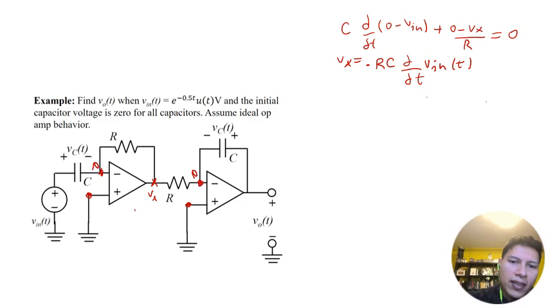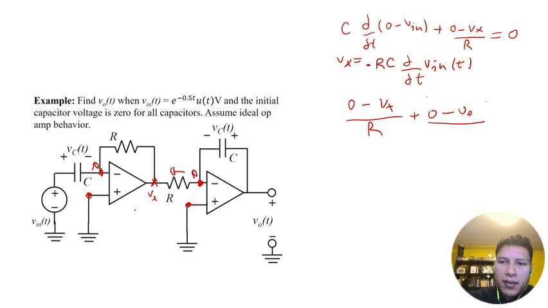We could also do KCL here, and we're going to get (0 minus Vx) divided by R, that gives us a current coming out, plus (0 minus Vout). And remember that we have to apply the formula for a capacitor, which is plus C d/dt, equals 0.